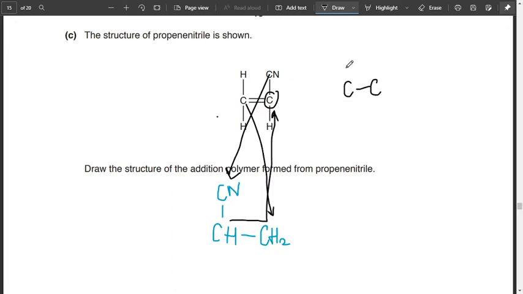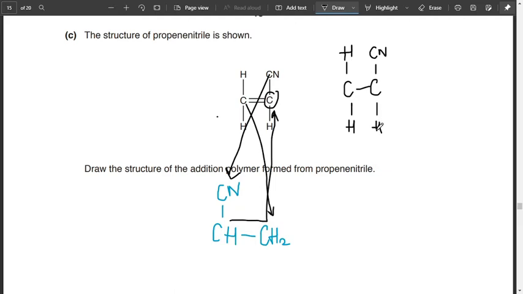It can be C H, okay, and H over here. If I expand the drawing I made over here, and then we have CN, of course, and we have H over here.